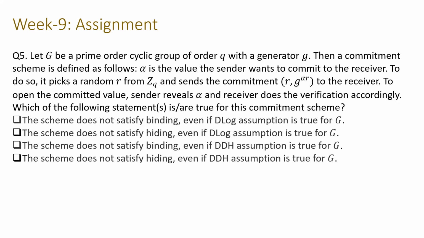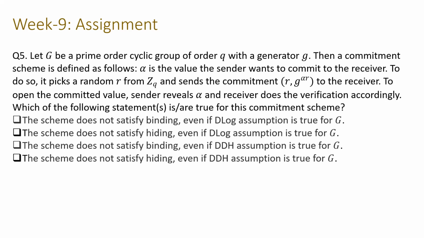So here basically the receiver is being cheated, although C was initially a commitment corresponding to message alpha. During the revealing phase or opening phase, the receiver gets to know that C is a valid commitment of alpha dash. So this cannot be the scenario.